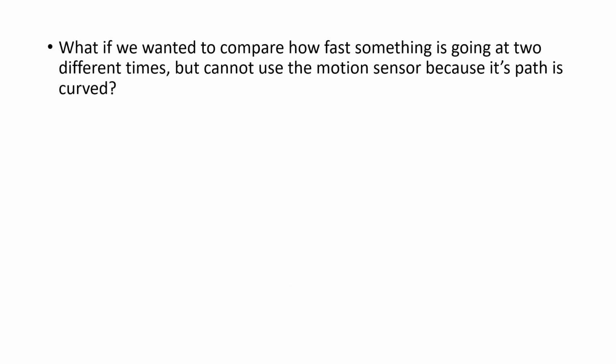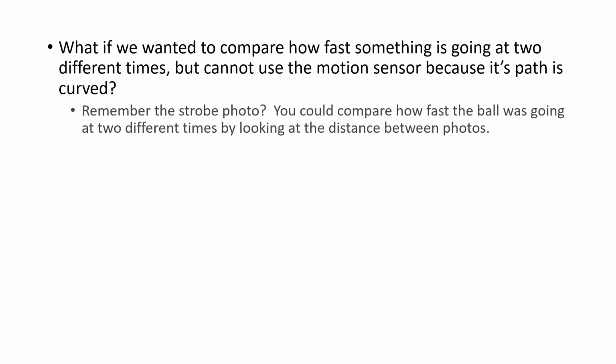Now, what if we wanted to compare how fast something is going at 2 different times? But we can't use the motion sensor because its path is curved. Because remember, the motion sensor only detects straight in front of it. So if it's something that's curved, the motion detector is not going to work. Or remember the strobe photo where they would drop a ball or roll a ball and you took a bunch of different pictures and then superimposed them on top of each other?